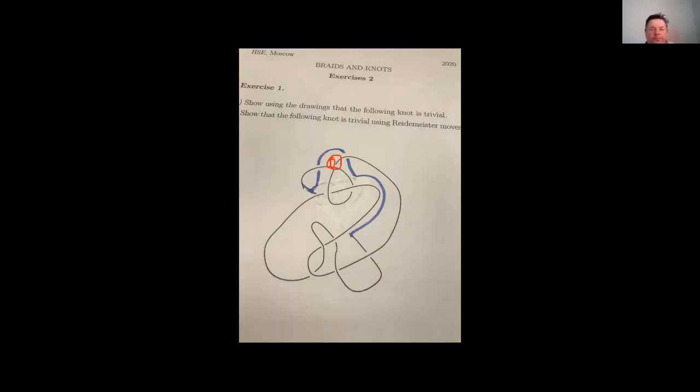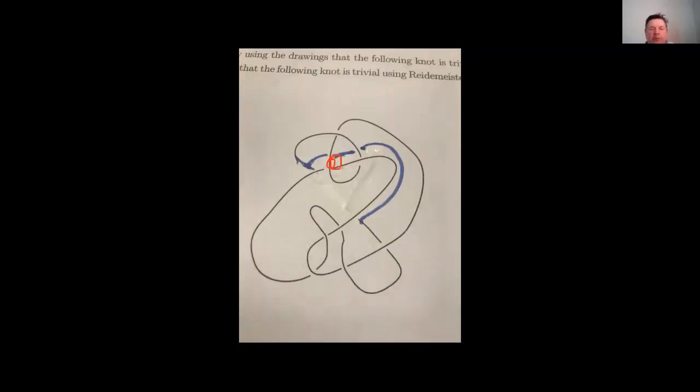Previously, probably better to move this blue around, as you were doing at first, to make the blue around. We have a third Reidemeister in this intersection.